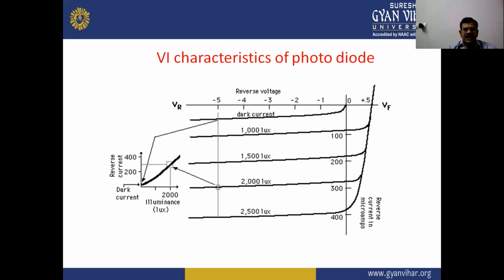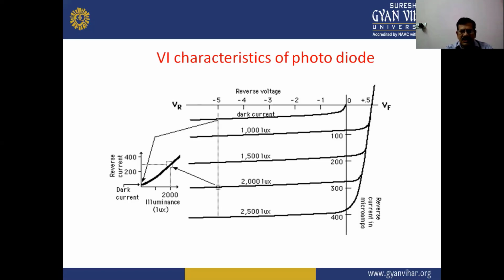Now the VI characteristics of the photodiode, a graph between voltage and current, show the characteristics of the photodiode. We take the reverse voltage versus reverse current, draw the characteristics of the photodiode at different reverse voltages, and measure the different values of reverse current.